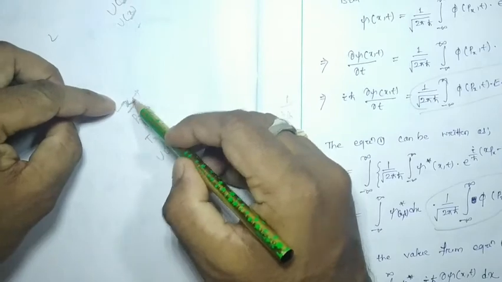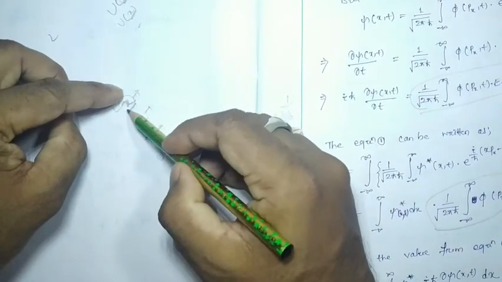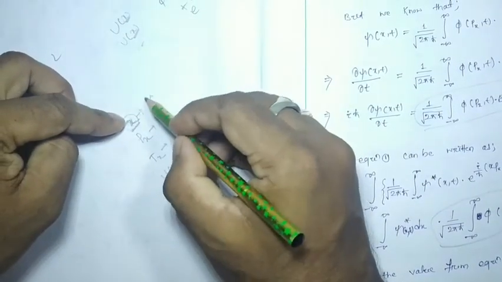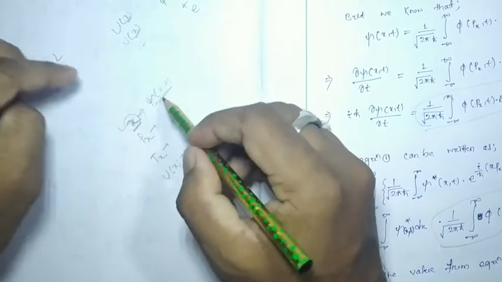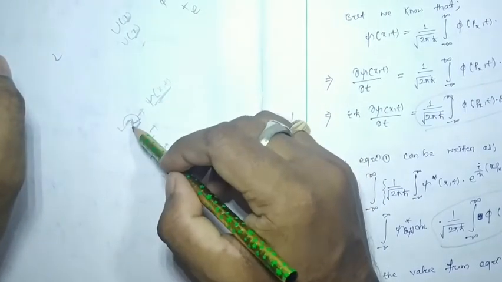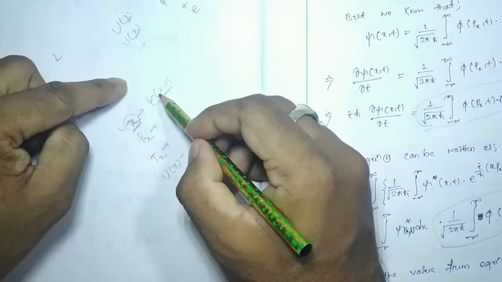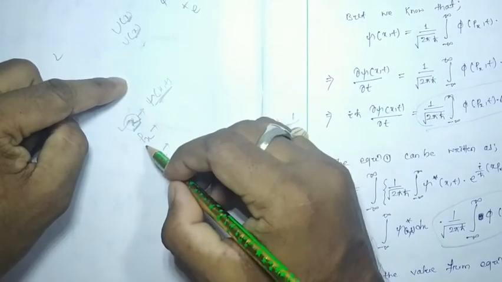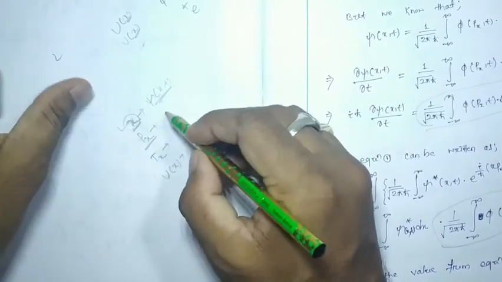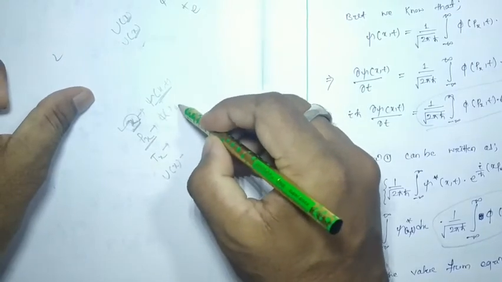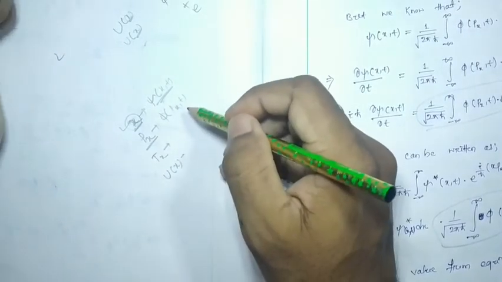Here x is the position, and it can be extracted from psi of x,t, that is coordinate space. That means it is a direct function of coordinate space. So px, the momentum, is a direct function of your phi of x,t.